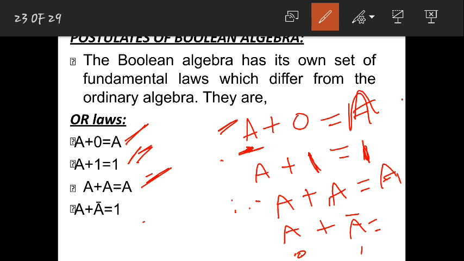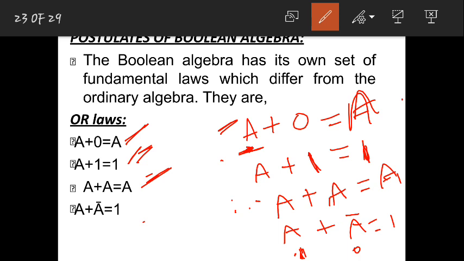In case A is 1, then definitely the complement will be equal to 0. If any one input is 1, then the output is always equal to 1, right? So you can easily write 1 here whenever A OR A complement. Even for that you can try to solve.